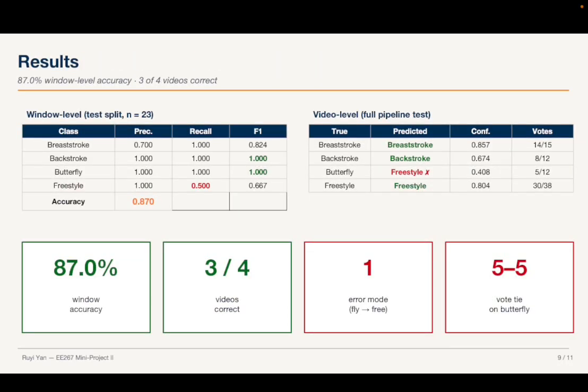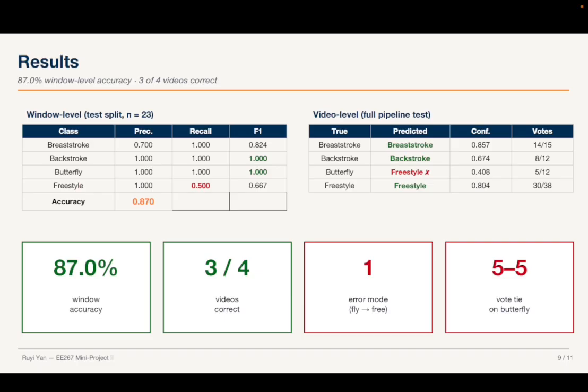Here are the results. Top left, window level: out of 23 test windows, the model classified 20 correctly, 87% accuracy. Backstroke and butterfly both achieved perfect F1. The only weak class is freestyle, with recall 0.5. Only half its windows identified correctly.